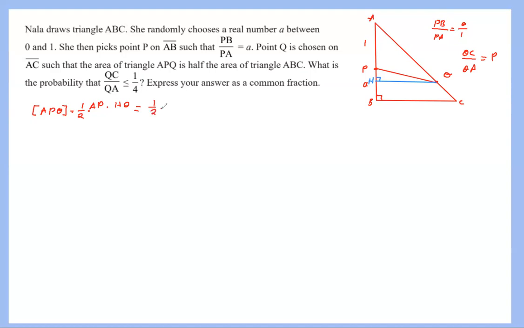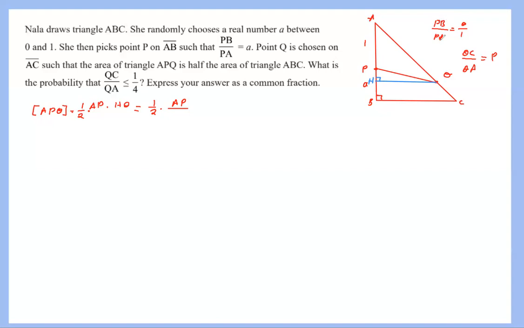So 1/2 times AP or PA divided by PB, or AB, I would say. It's actually divided by AB because whenever you compare AHQ and ABC as similar triangles, you take AH divided by AB equals HQ divided by BC. So that is something we need to use.